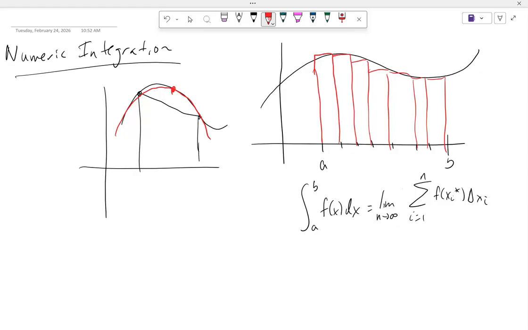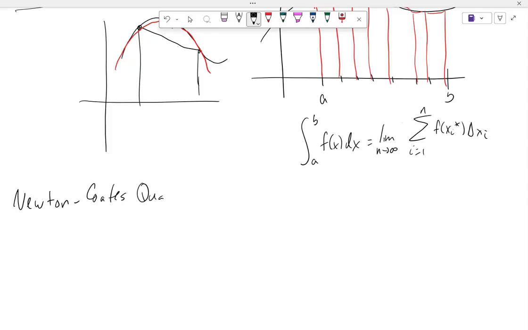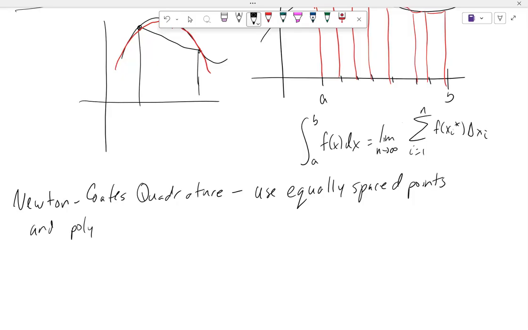So we refer to this as Newton-Cotes quadrature. And in general, it's called quadrature. The idea behind this is to use equally spaced points and a polynomial interpolant.